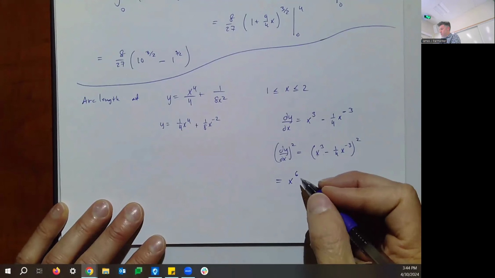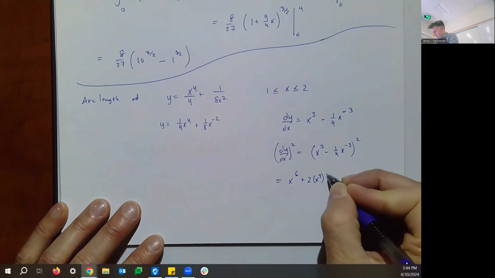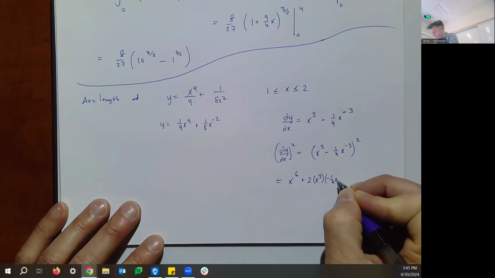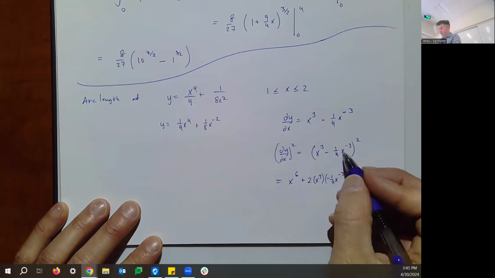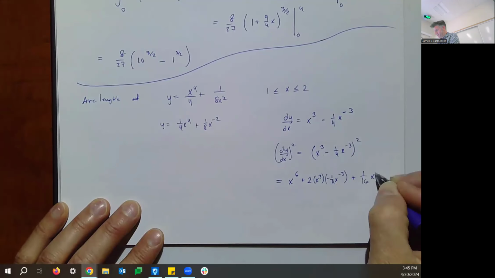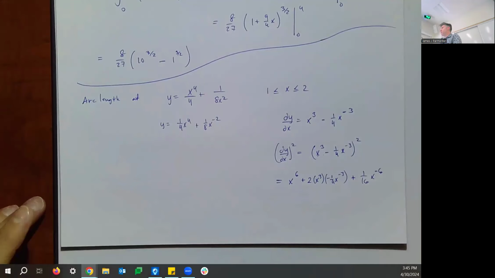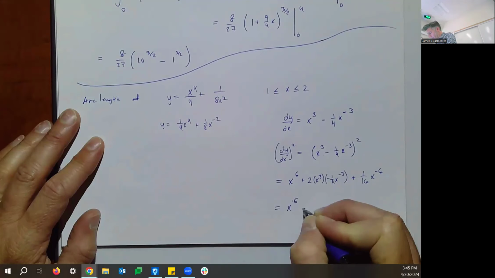And then 2 times x cubed times negative 1/4 x to the negative 3rd, plus negative 1/4 x to the negative 3rd squared, so 1/16 x to the negative 6. The important thing to see here is that the middle term simplifies to negative 1/2.